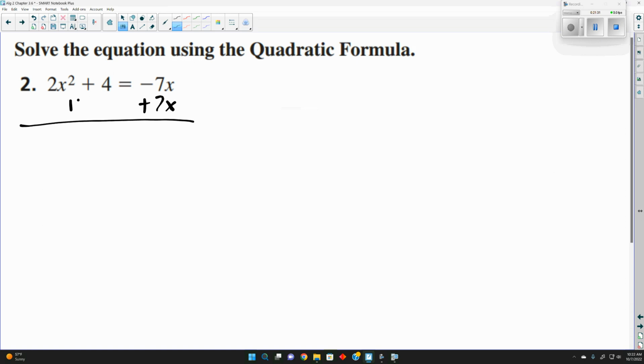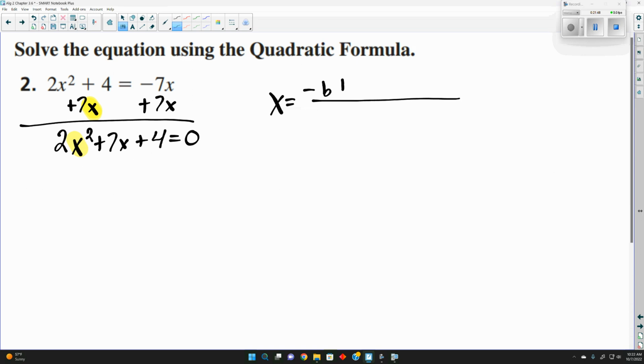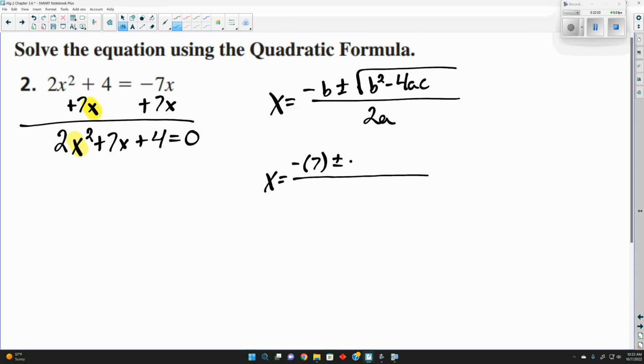So here, again, we need this equal to 0. So we would add 7x to both sides. And again, we plug in the value of b to start off with, because we have negative b, so it'd be negative 7.